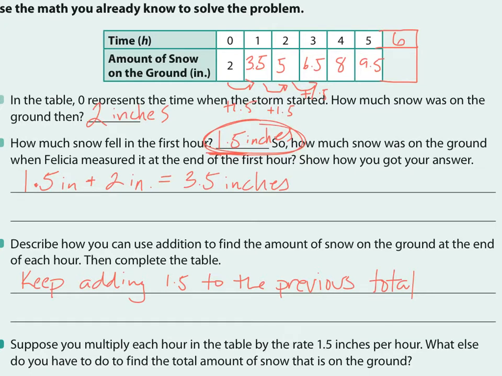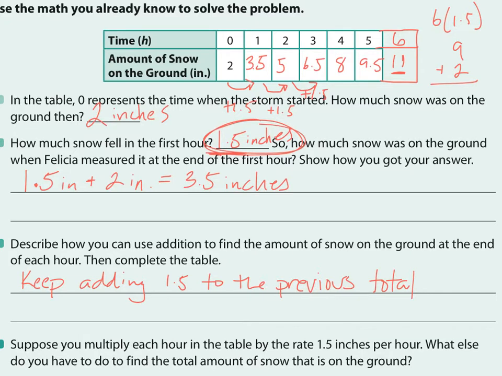If I multiply 6 by my 1.5 inches of snow every hour, that turns into 9. But remember, 9 is not what goes in here, because I have to have more than 9.5. You have to then add back that 2, what we started with. So really we'd put 11 in here.